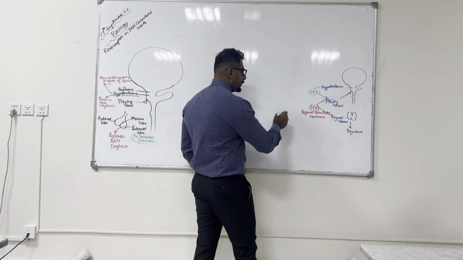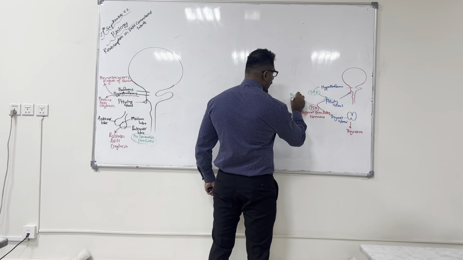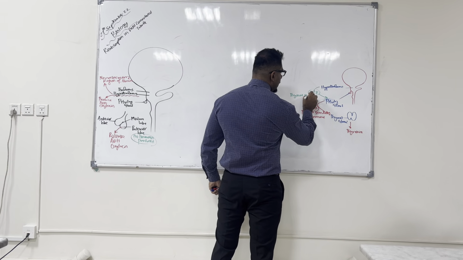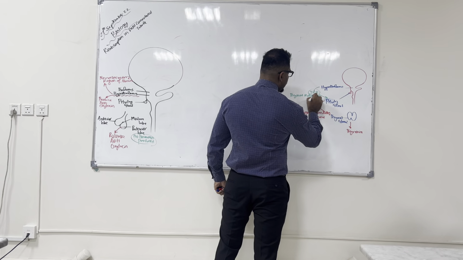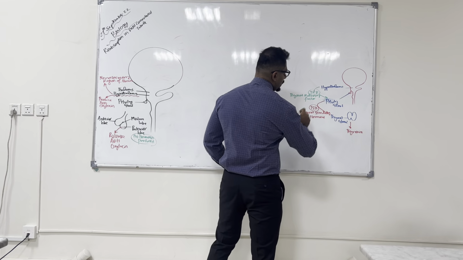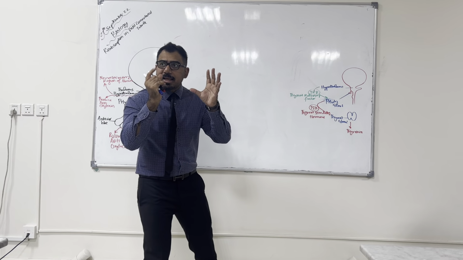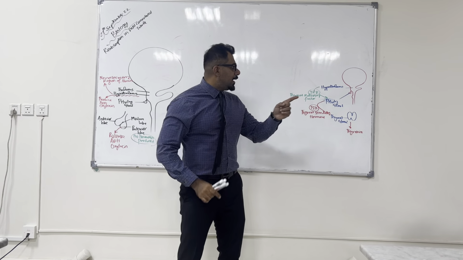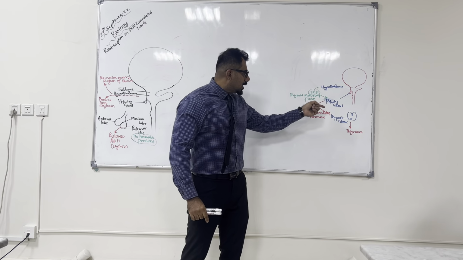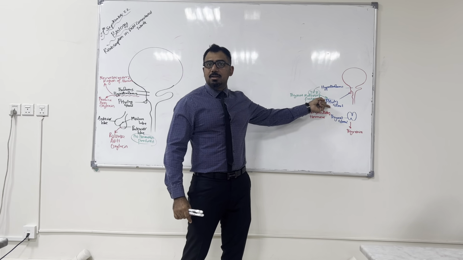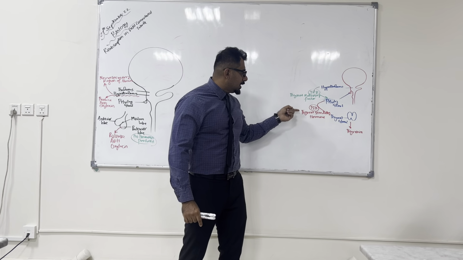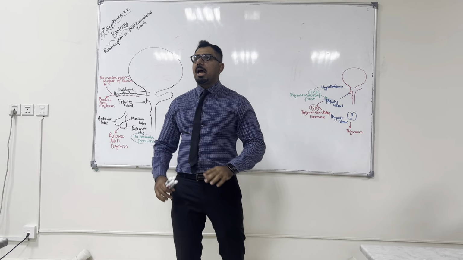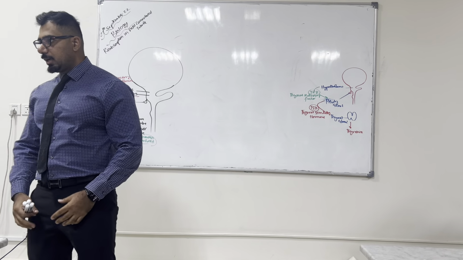Now, what is TRF? Thyroid releasing factor. So basically, the stimulus came from where? The hypothalamus, which instigated the pituitary gland to produce TSH, which instigated the thyroid gland to produce thyroxine, right?